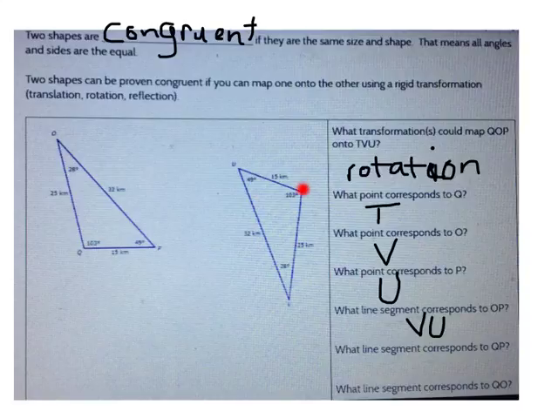Well, TU is the line that runs 15 kilometers from the 103 degree angle to the 49 degree angle. So TU corresponds to QP. Which line segment corresponds to QO? Well, if T corresponds to Q and V corresponds to O, then TV corresponds to QO.